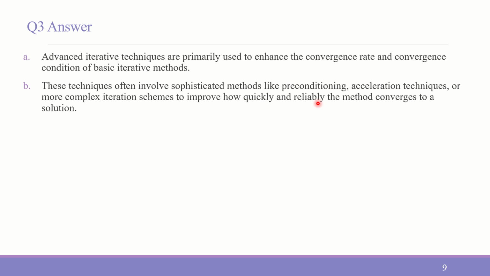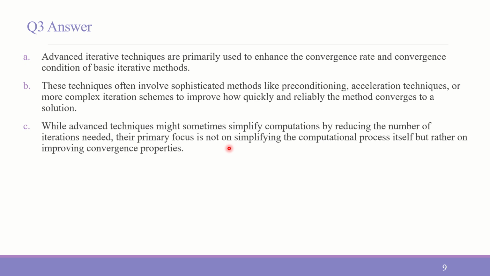So when we are going with advanced iterative techniques, in addition we sometimes implement preconditioning or acceleration techniques, or more complex iteration schemes, to improve how quickly and reliably we get the converged solution.